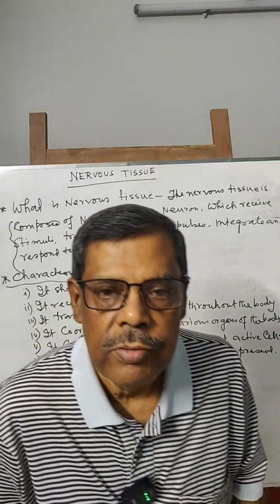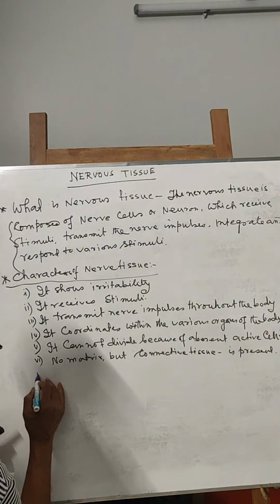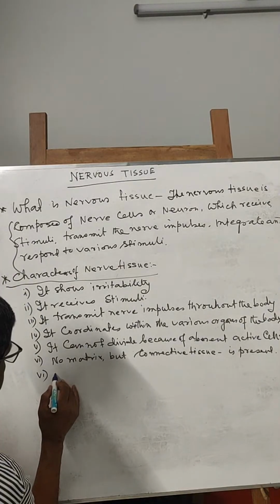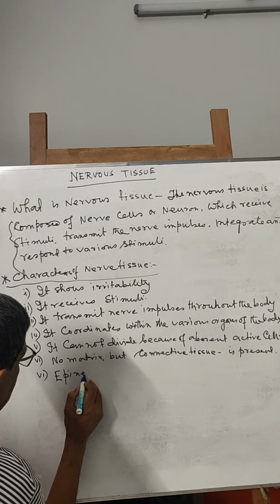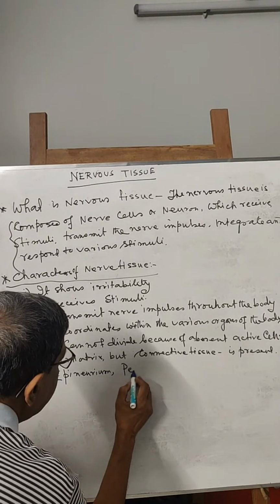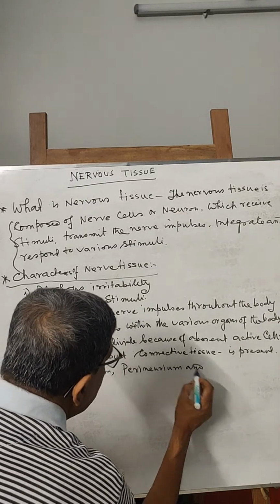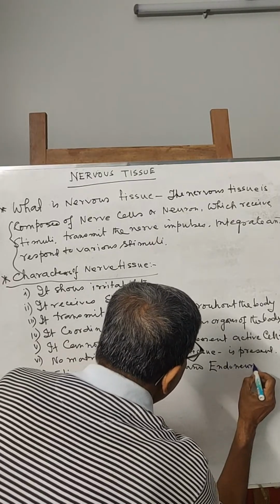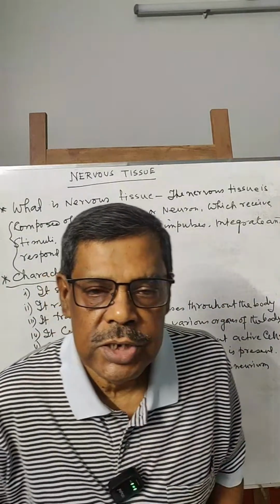The connective tissues are of three types: epineurium, perineurium, and endoneurium. These three types of connective tissue are present in nerve tissue.